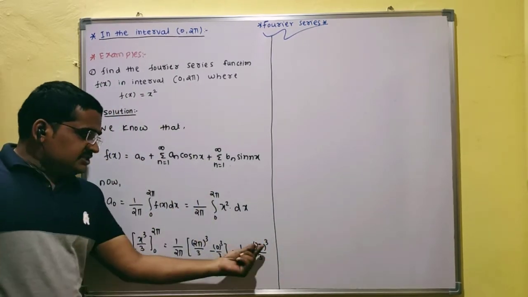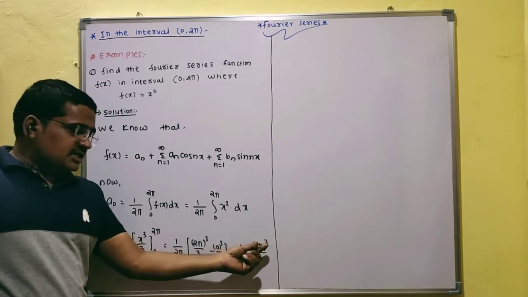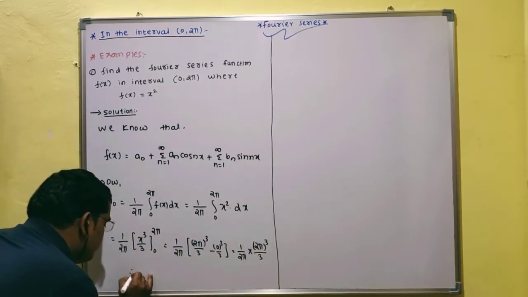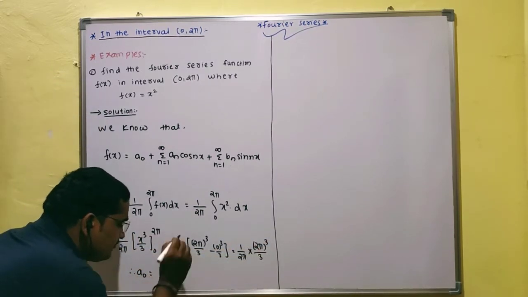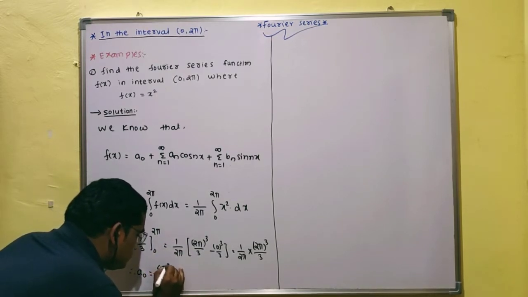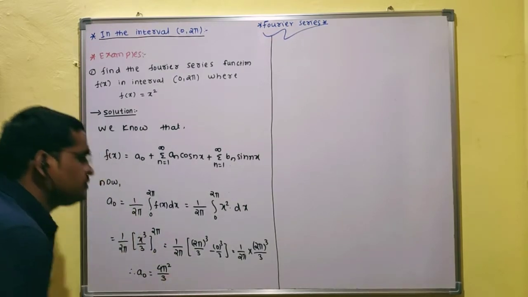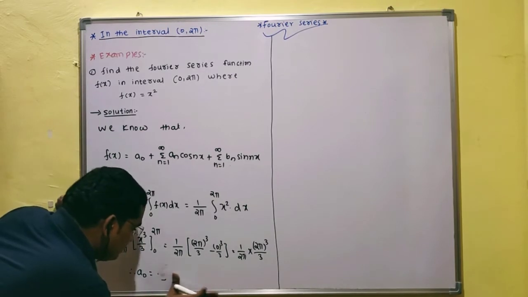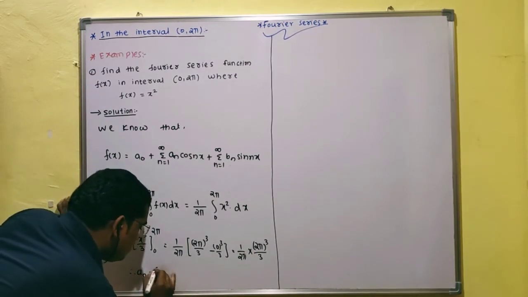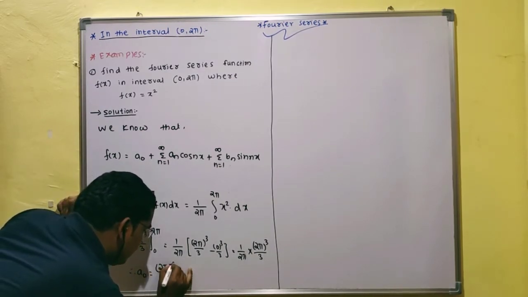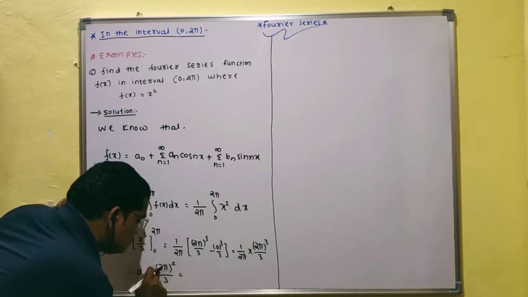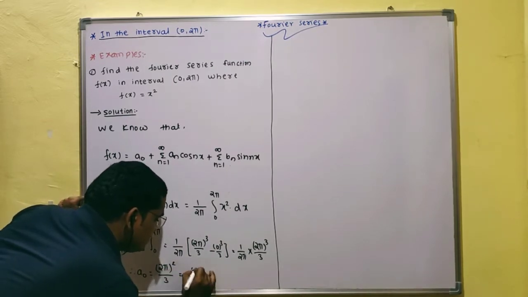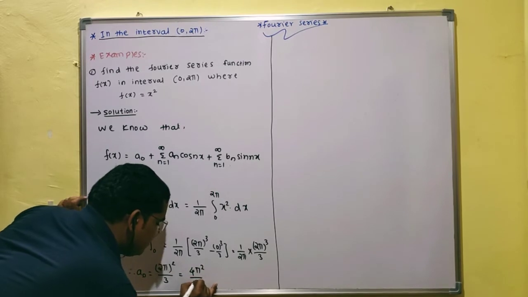This 2 pi and this 2 pi cube cancel with each other, and it remains with 2 pi square upon 3, which is 4 pi square upon 3.